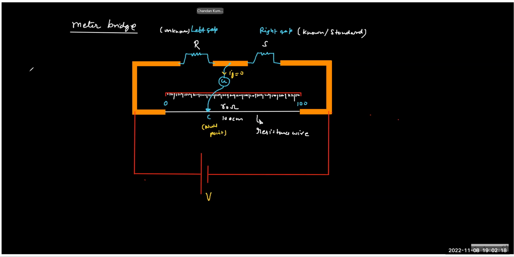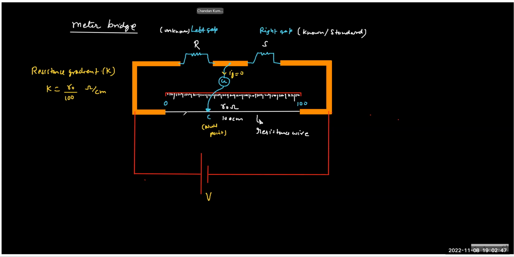So first of all, we define something called a resistance gradient. Let's call it K. So K will be R naught is the resistance. Length I'll keep in centimeter itself. So we call ohm per centimeter. So this is the resistance gradient.